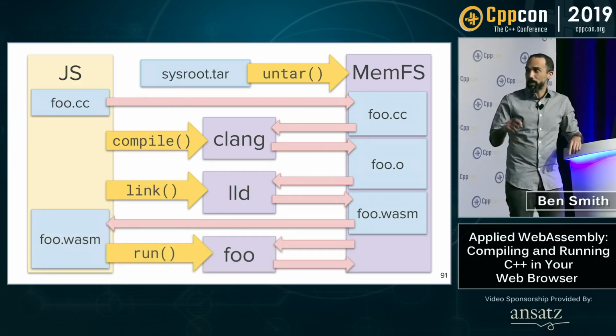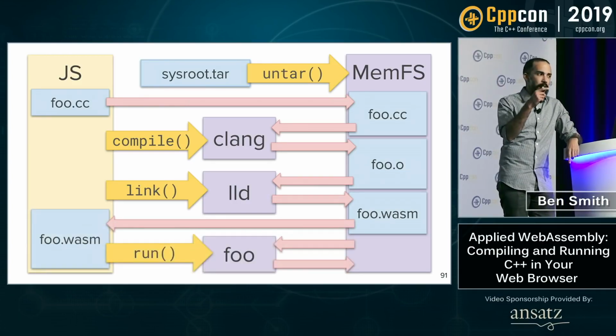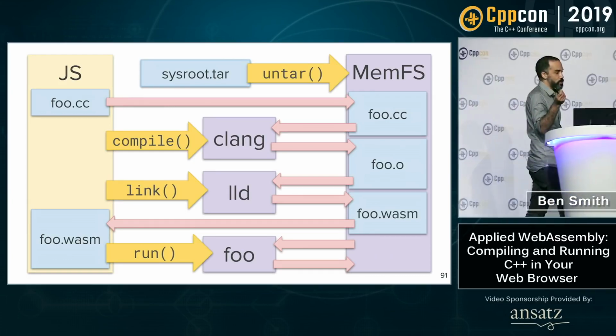And then finally, what we can do is pull that WebAssembly file out, and then we can compile that using the normal WebAssembly compilation tools, which will produce a new foo module here, which we can then run and hook up to the same in-memory file system.